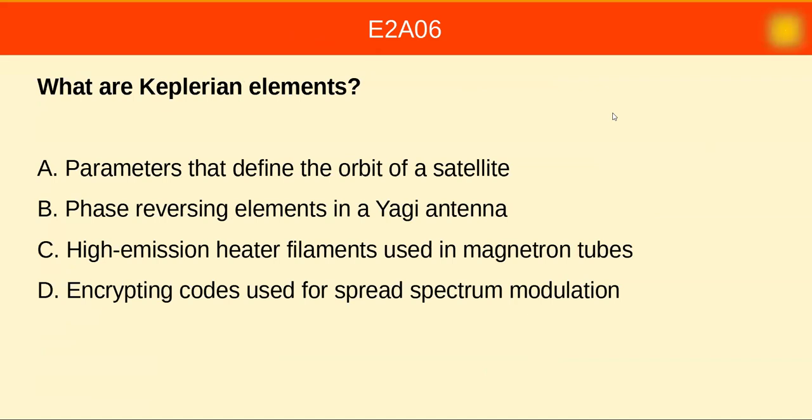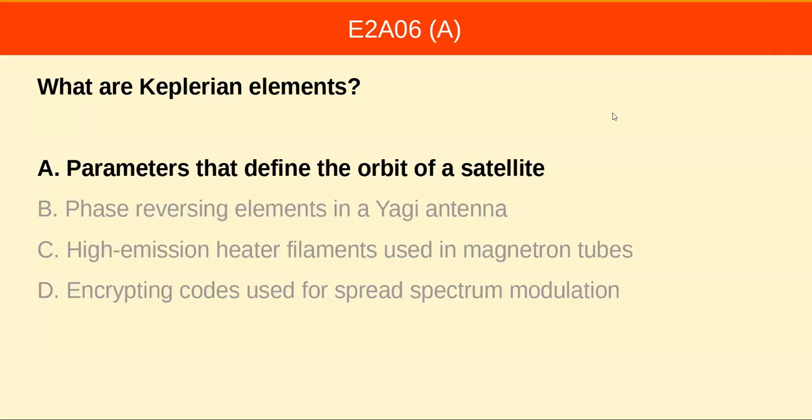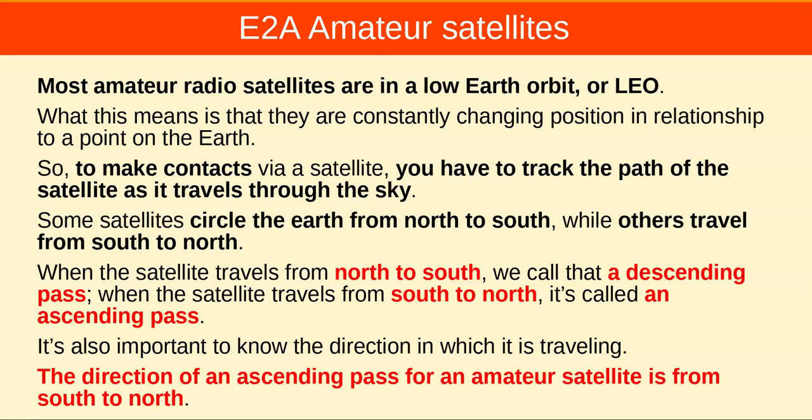So what are Keplerian elements? Most of the amateur satellites are LEOs, or low Earth orbit. So like I said, you have to track them as they move. They tend to operate in either ascending or descending paths.